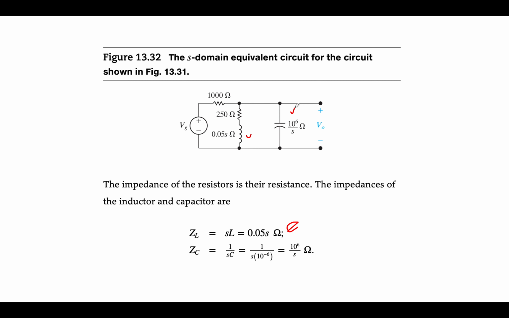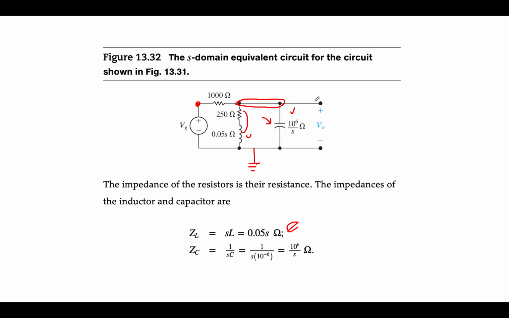Now, there are a number of ways at this point to find the output voltage in terms of the input voltage. One thing you could do is you could find an equivalent impedance for everything. Basically take the series combination of these two, put that in parallel with this impedance, and then do a voltage divider. So that would be one way. In this particular problem, it turns out that it would be just as easy to define this node and have a node here and place your reference here.